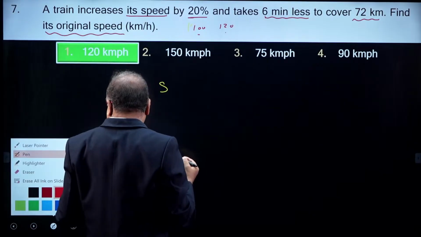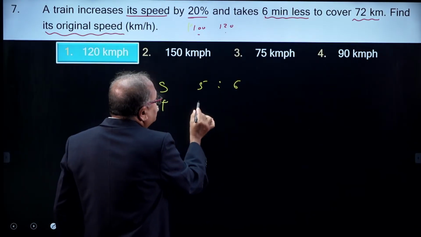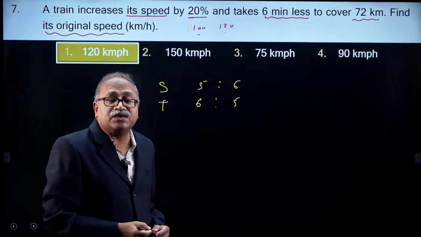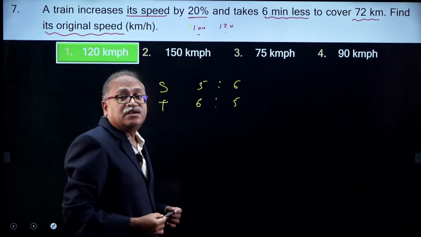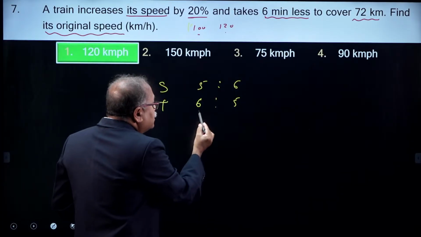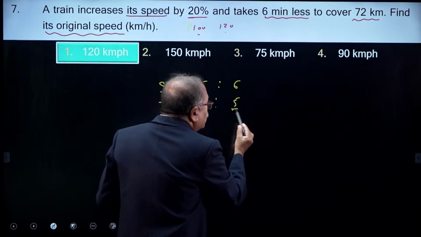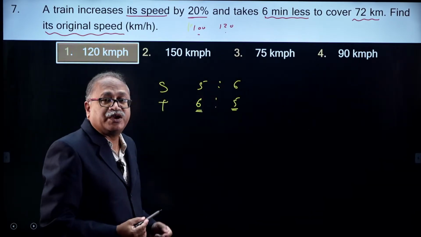So let's take the ratio of the speed 5:6, then the ratio of the time 6:5. Why have I taken the ratio of the time? Because I know in the second case he takes 6 minutes less. So originally he takes 6 parts. Now he is taking only 5 parts of the time because the speed is increased.